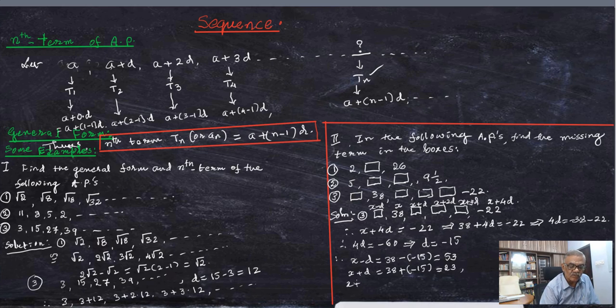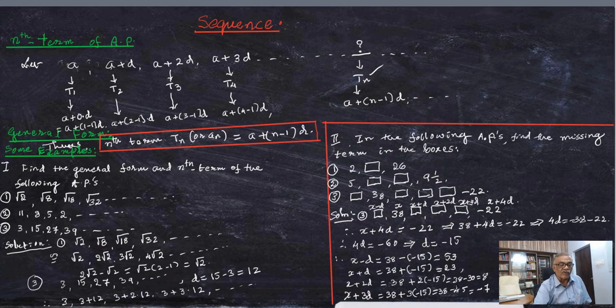And x plus 2d is equal to 38 plus twice into minus 15, that is 38 minus 30, which is equal to 8, and this is the next term. The fourth term I can write down as x plus 3d, equal to 38 plus 3 into minus 15, which is 38 minus 45, equal to minus 7. The fourth box is minus 7. Anyway, the last term is given here as minus 22.